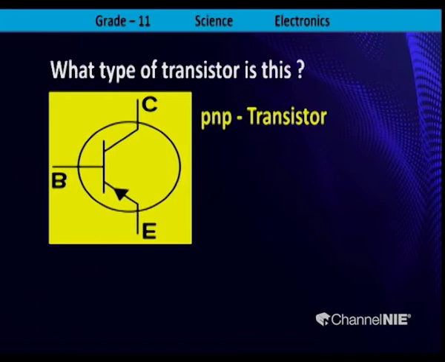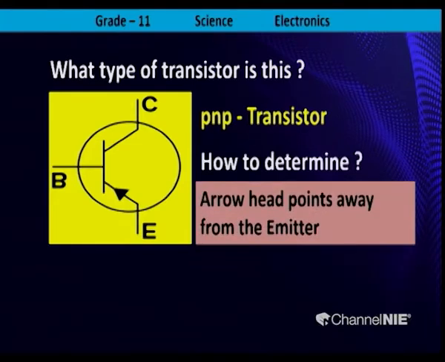Why do we call this a Pnp transistor? How to determine that? You can understand, the arrowhead is pointed towards the base, or away from the emitter.